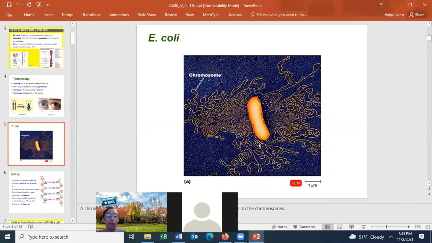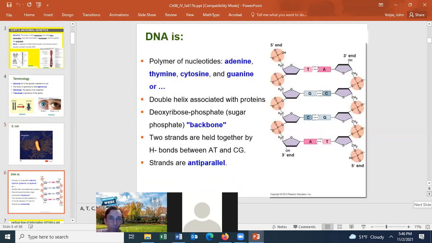Here we're seeing a chromosome for E. coli. And on this chromosome are the genes. E. coli normally has only one chromosome. On the chromosome is both DNA and proteins. I think we've talked a little bit about histone proteins, which you only find in, well, I shouldn't say only find, you find them in eukaryotes.